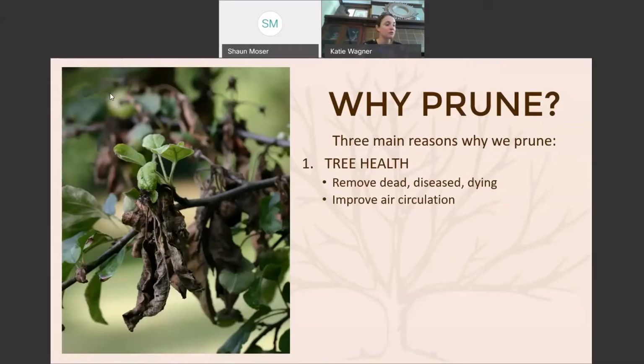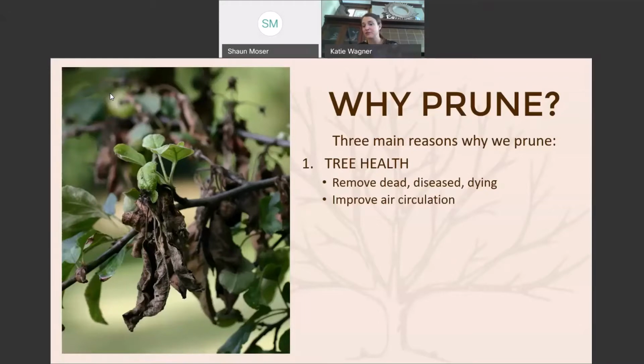It's really important. This is a really nice picture to show here. This looks like it is probably an apple tree, I would guess. And this is a bacterial disease that we oftentimes see in apple and pear trees called fire blight. Maybe some of you have seen this before. This is a potentially fatal disease for the tree. It enters through the blossoms of the tree typically during the right weather conditions.